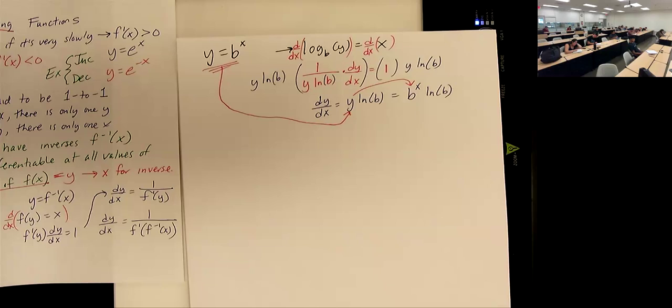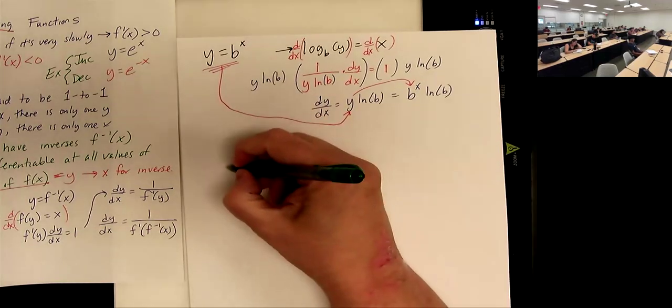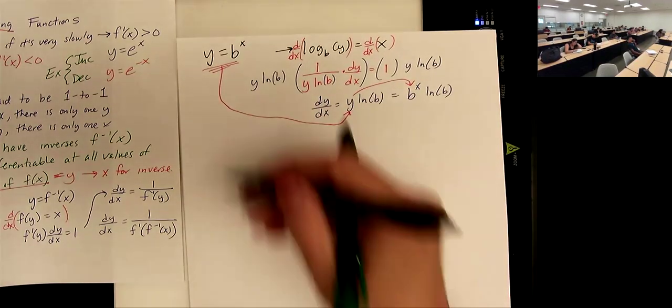I don't know how many of you are going to remember that approach. But hopefully you remember the logarithmic differentiation approach, which we just learned a few minutes ago. Let's redo this problem using logarithmic differentiation.